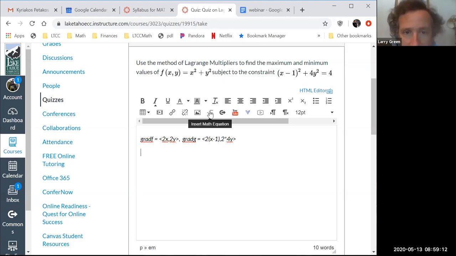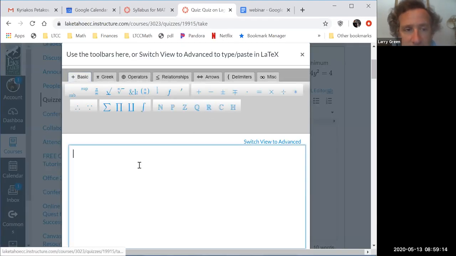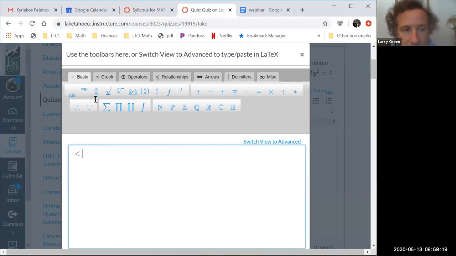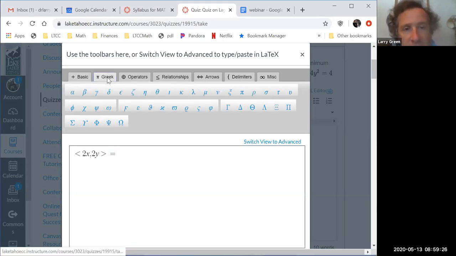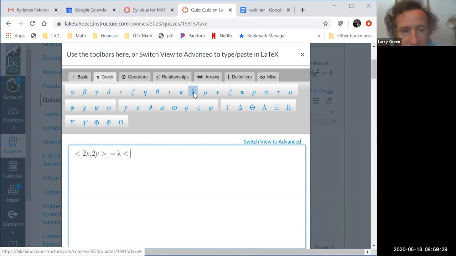So because we need lambda, I need to get into the equation mode. So what we can now say is that 2x comma 2y is equal to lambda times 2 times (x minus 1), comma 2 times 4y.